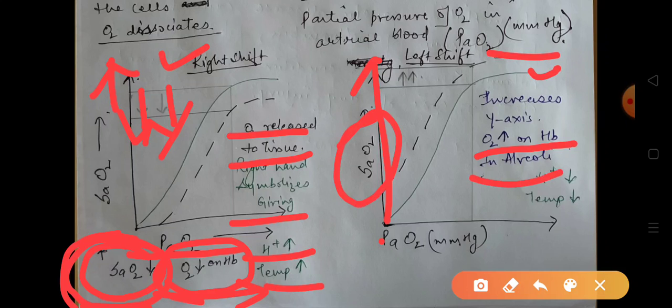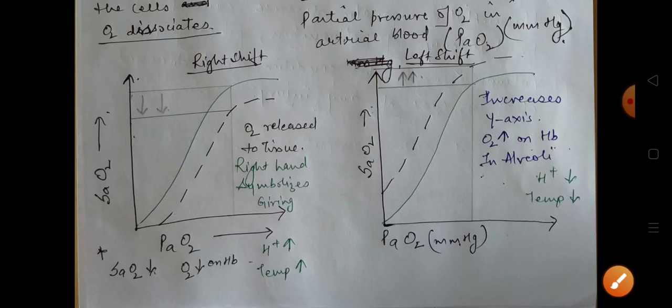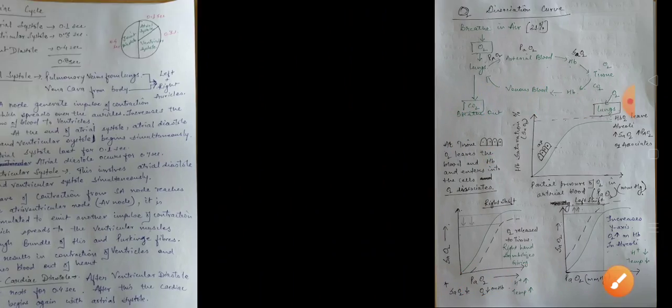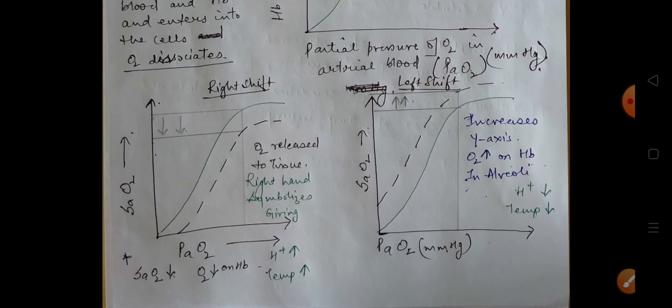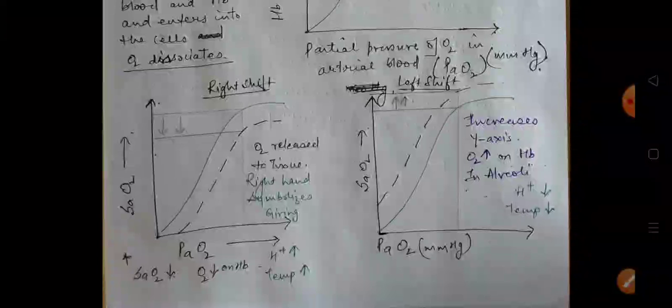And over here, more oxygen is attached with the hemoglobin as temperature decreases and hydrogen ion concentration decreases. Okay, so this is the shift towards left, and shift towards right means oxygen is released to the tissues, and shift towards left means the concentration of oxygen is increased in the hemoglobin.